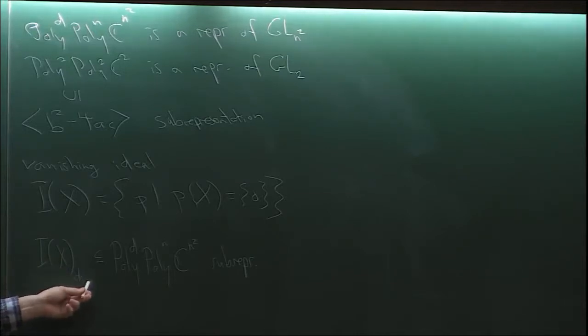Note, this is precisely the set that we are really interested in, because if we want to separate a point from X, proving a lower bound, then we take some element of this ideal and evaluate it at our point. But now this has a lot of structure. It's a sub-representation, and a sub-representation always decomposes in a nice way.